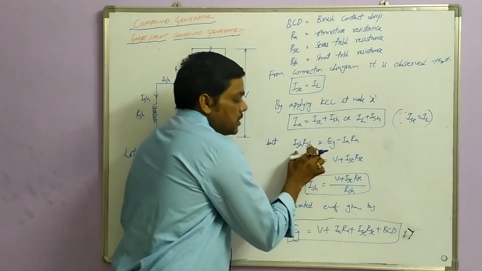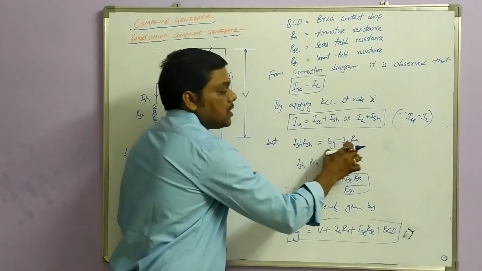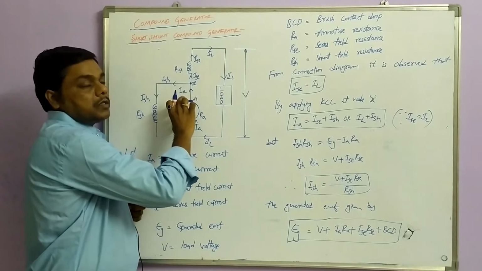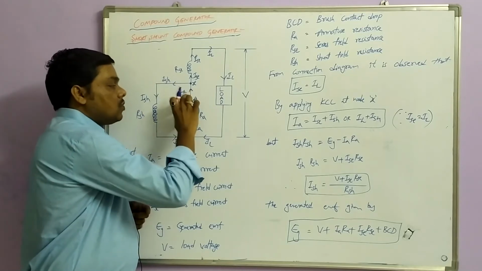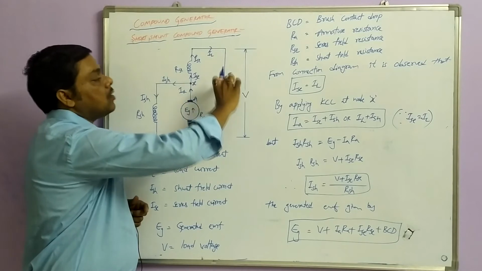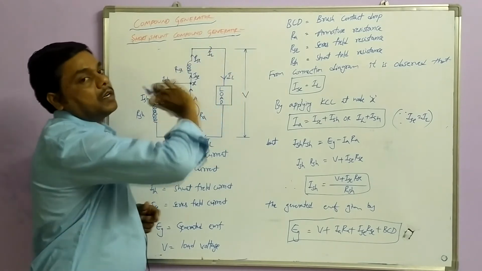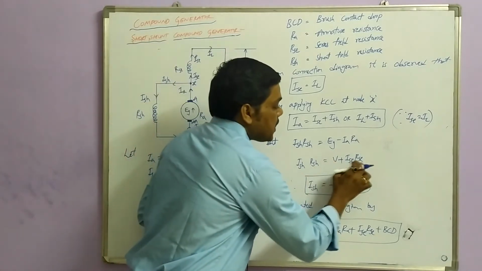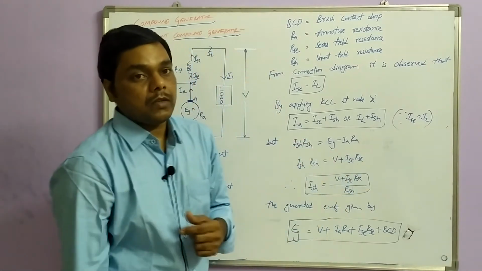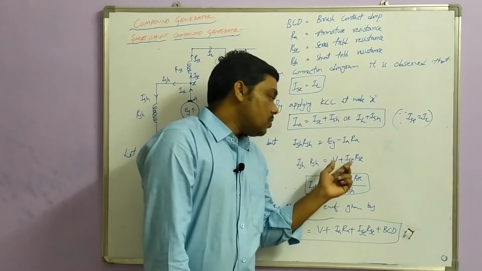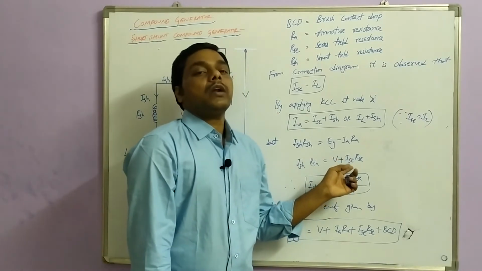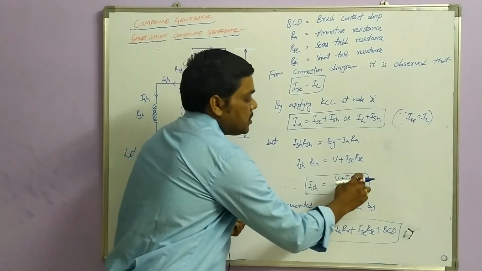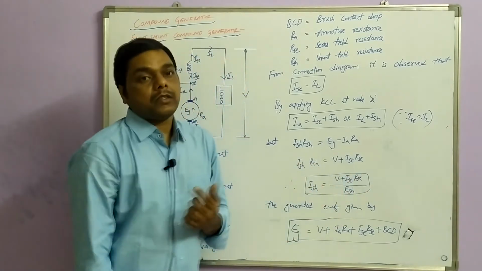The voltage across the shunt winding is equal to Eg minus Ia Ra, the actual voltage across the armature, but this voltage is also equal to the load voltage plus the drop in the series winding. So it can be written as V plus Isc into Rsc. Now since the load voltage is known and the series current, which is nothing but the load current, is known, Ish is equal to (V plus Isc into Rsc) by Rsh.